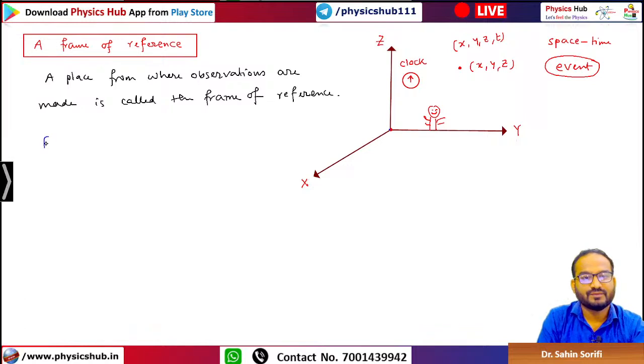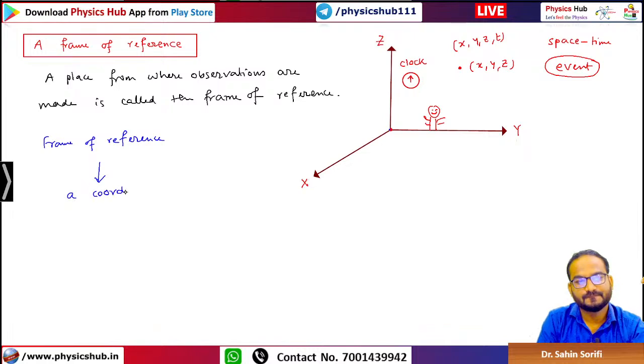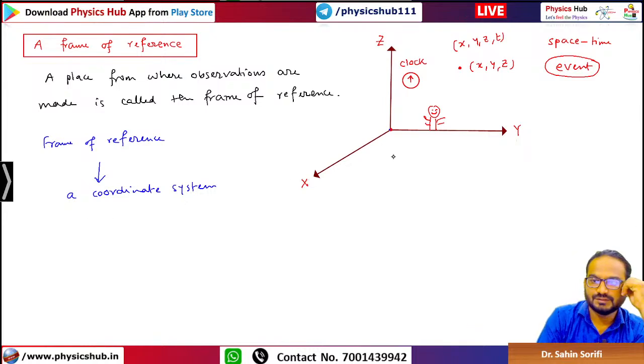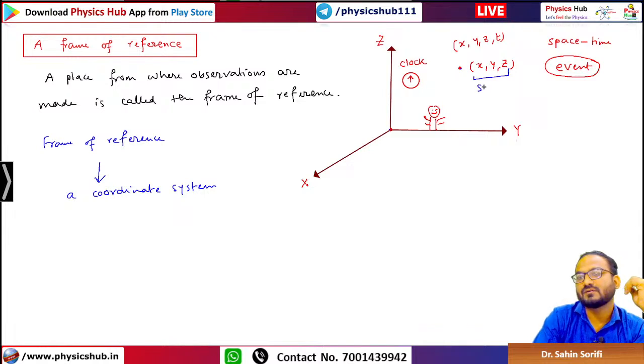If I talk about a frame of reference, as you can see in this picture, it consists of a coordinate system with respect to which you will specify the spatial coordinates. These are called spatial coordinates. And this is the time component, the time coordinate.